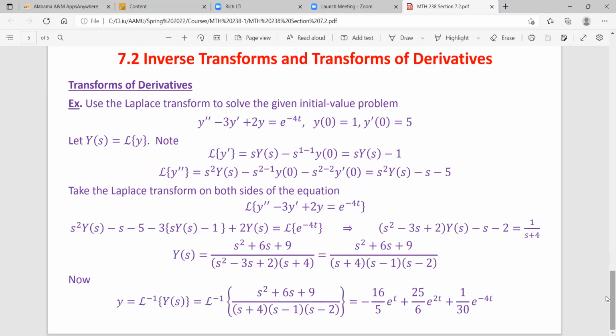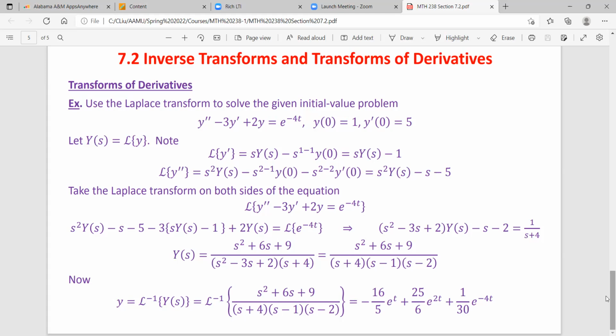We let capital Y of s equal the Laplace transform of y, and we use the formula on the previous page for the Laplace transforms of derivatives of a function, for both y prime and y double prime.